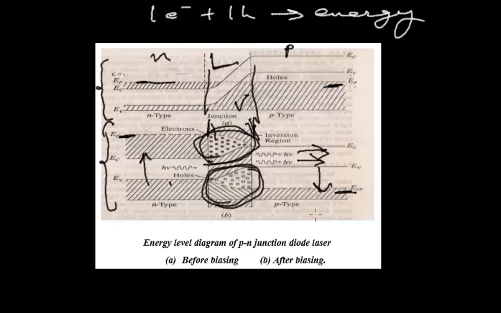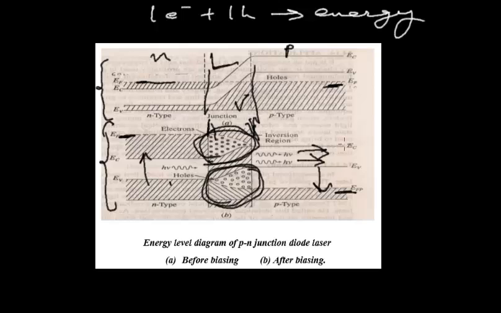Whatever energy the electrons and holes release due to their recombination, they release that energy in terms of photons. So they act as an LED, light emitting diode. Here we'll get photons, right? The photons released due to spontaneous emission will trigger the process of stimulated emission.